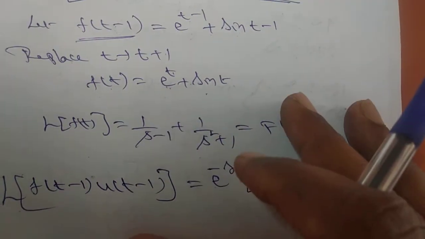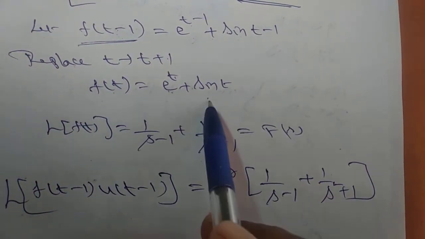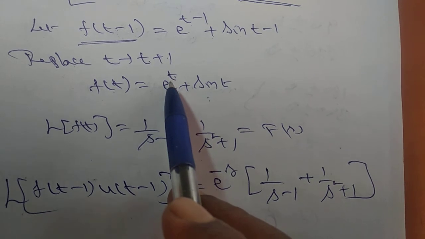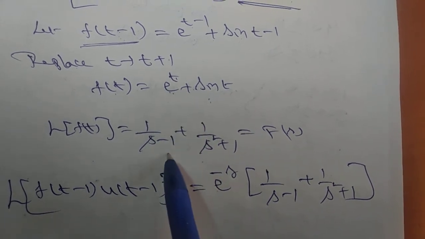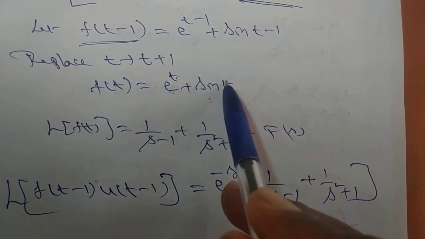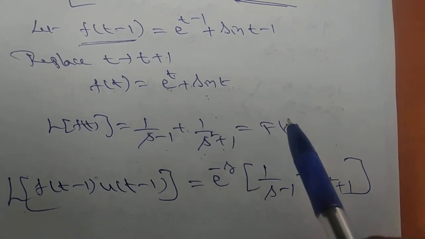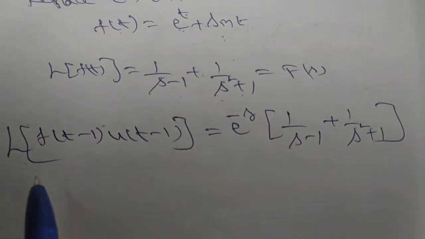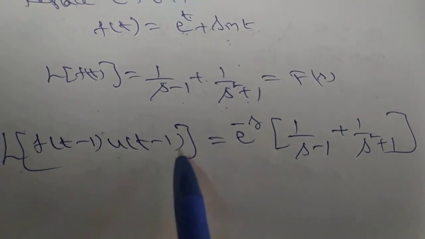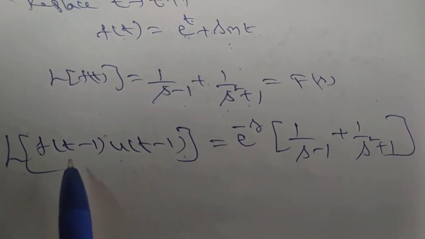Now we have to find the Laplace transform of this function. What is the Laplace transform of e power of t? 1 over s minus 1, plus the Laplace transform of sin t, 1 over s square plus 1. This is F(s). Now we want the Laplace transform of f(t minus a) into u(t minus a). What is a here? 1.